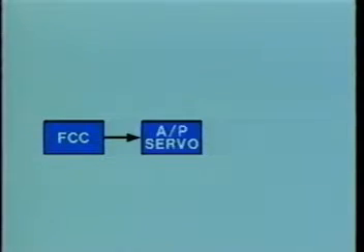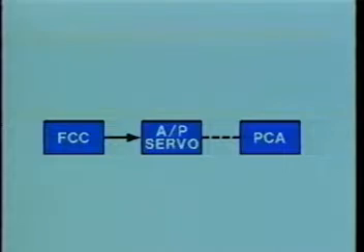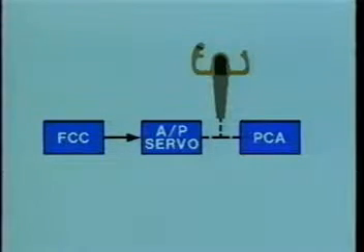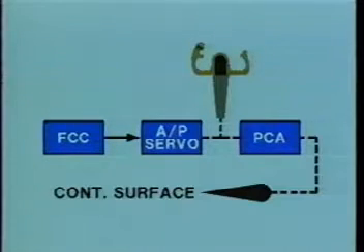The output of each flight control computer drives dedicated autopilot servos. Each servo provides a mechanical input to a surface power control actuator, or PCA, and also backdrives the associated flight deck control input. Each PCA then moves its associated control surface.